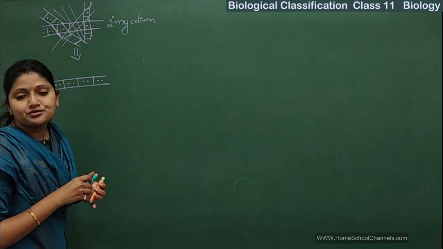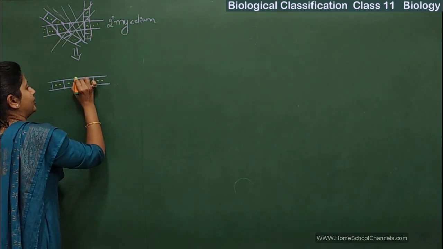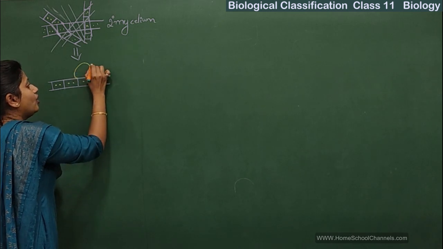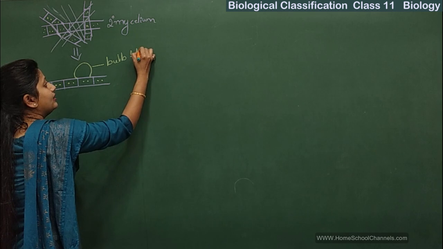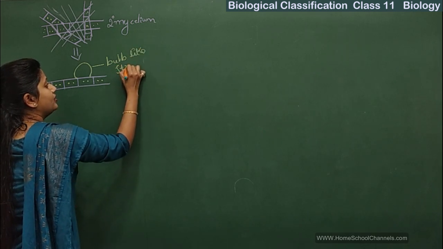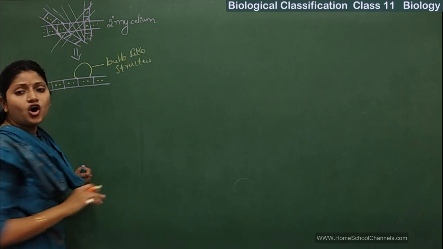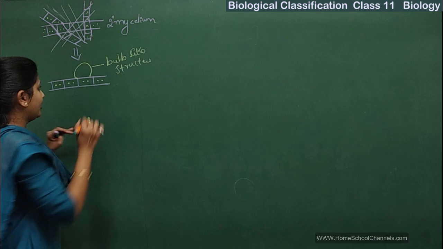During the reproductive season, a small bulb-like structure originates on the hyphae.